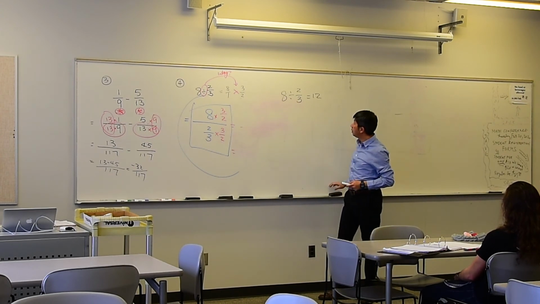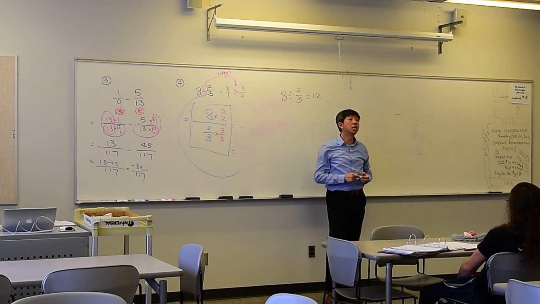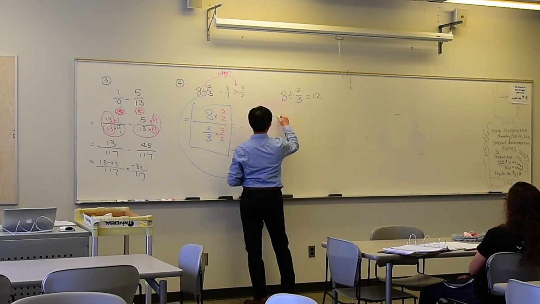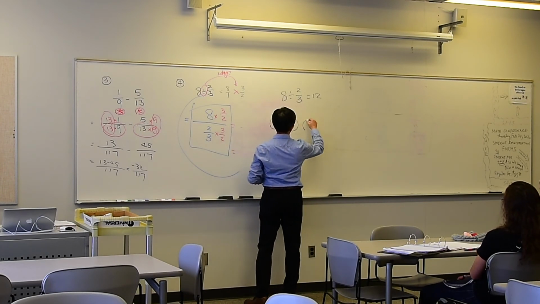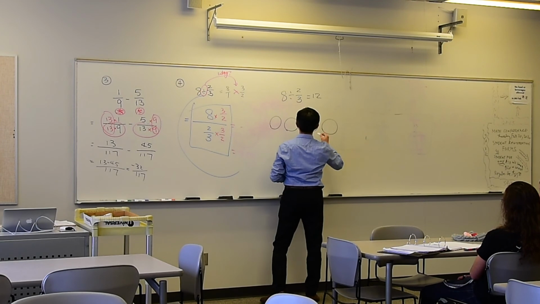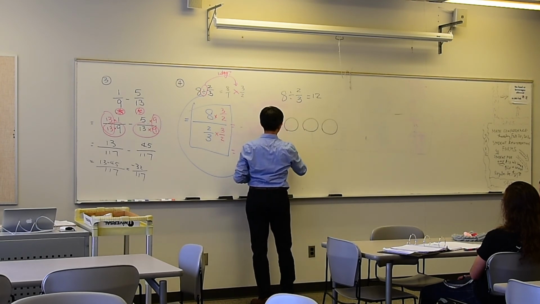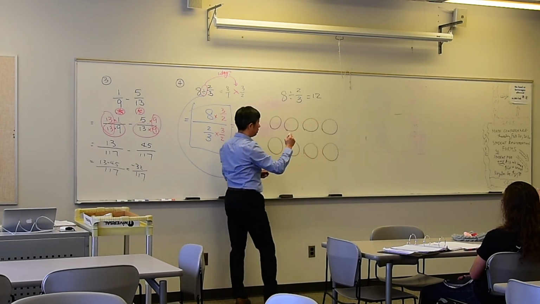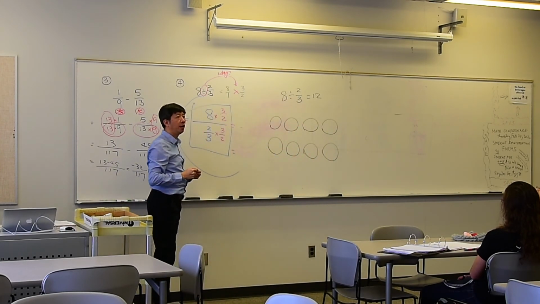Can I say I have 8 pizzas, right? Okay, so I'm going to draw 8 pizzas. 1, 2, 3, 4, 5, 6, 7, and 8. 8 pizzas. Right?